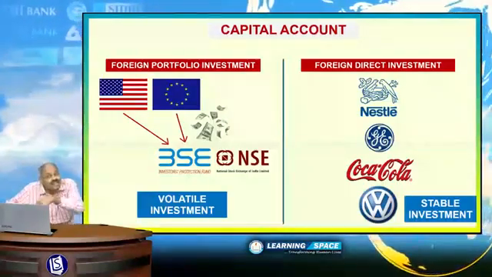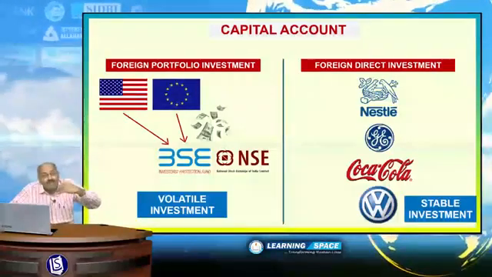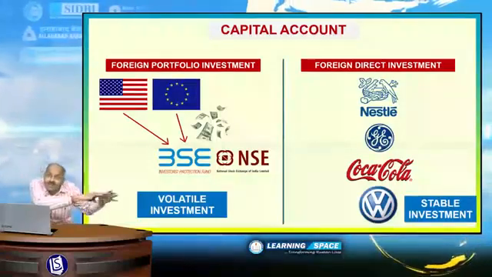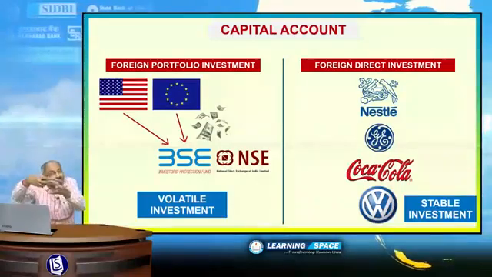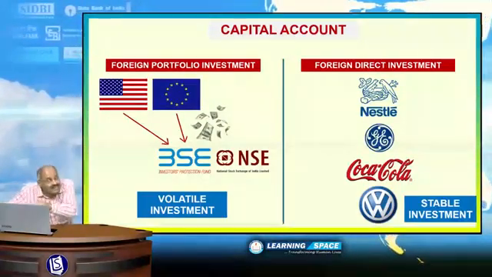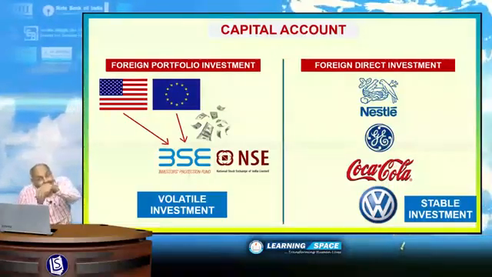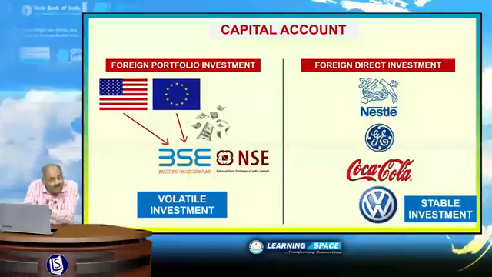After investing in this country, subsequently they may take royalties, they may take profits, that comes under primary income, which we have already discussed. But the direct investment to establish a company here is foreign direct investment. So this is foreign portfolio investment and foreign direct investment. These two come under capital account.